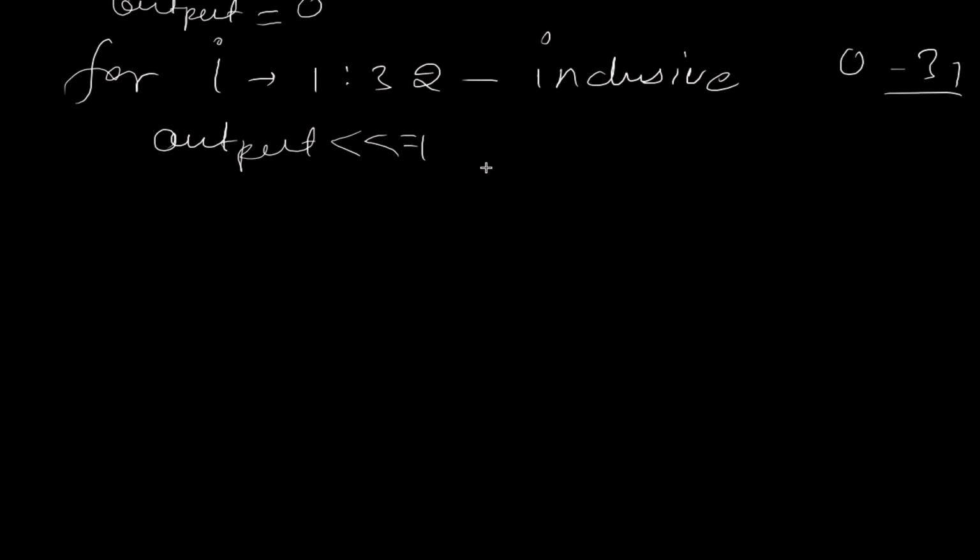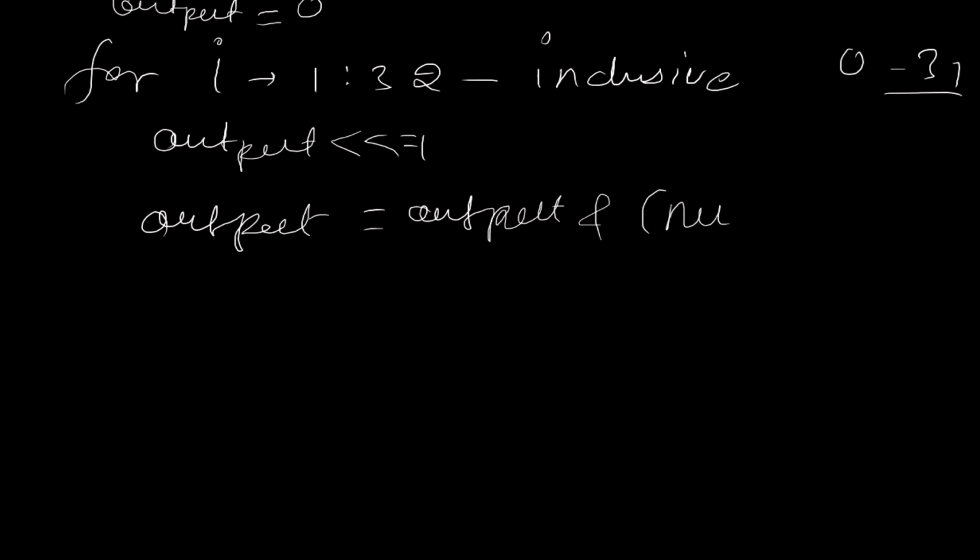right, by 1 bit, and then we are doing output is equal to output or num and 1, and then we are shifting input to the right side.